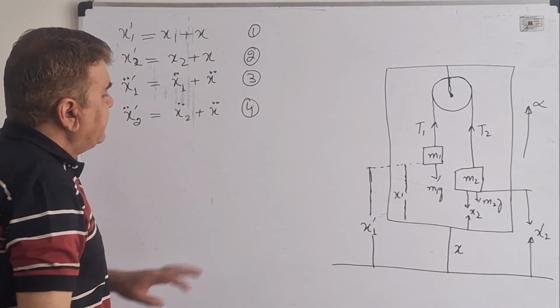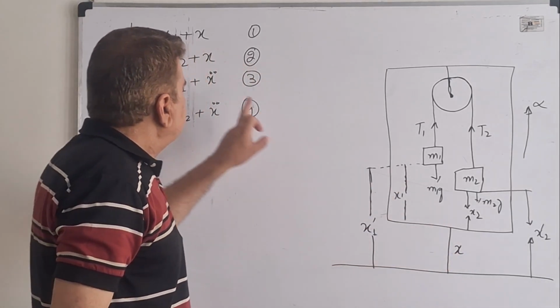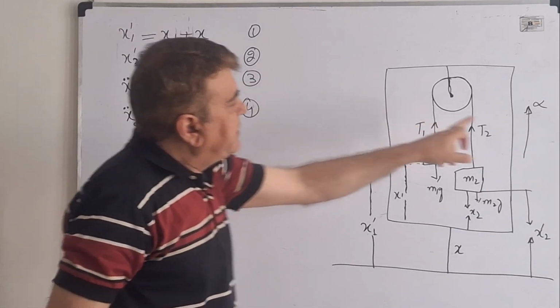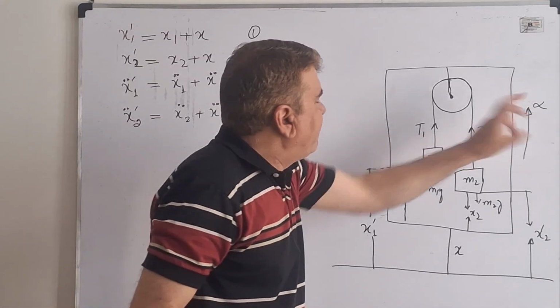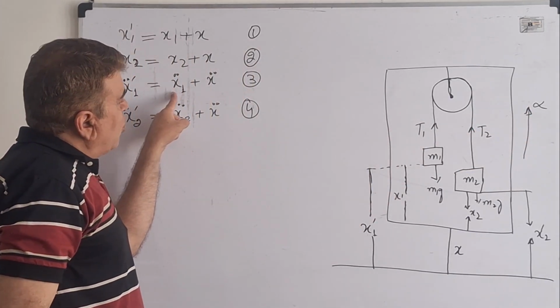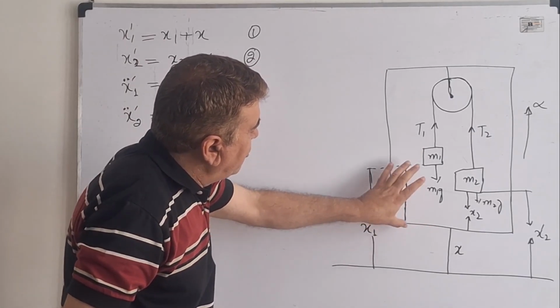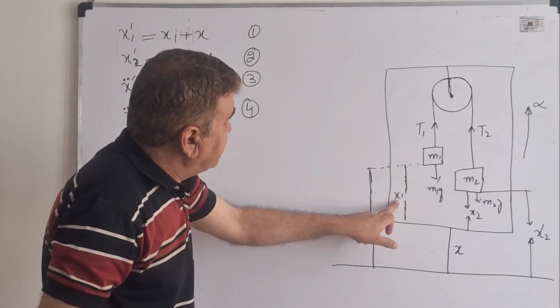Now you can recognize that the double derivative of this distance is in fact the acceleration of the whole frame, which we set equal to alpha. So I can write x double dot in terms of alpha. And x1 double dot is in fact the acceleration of this mass with respect to the bottom. So this is the acceleration with respect to the change in this distance.